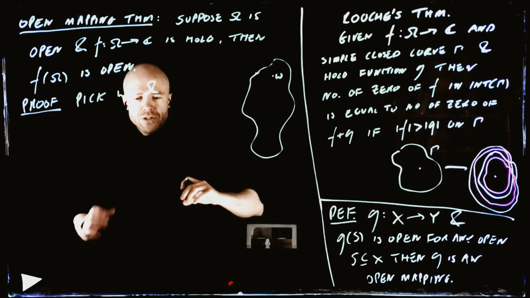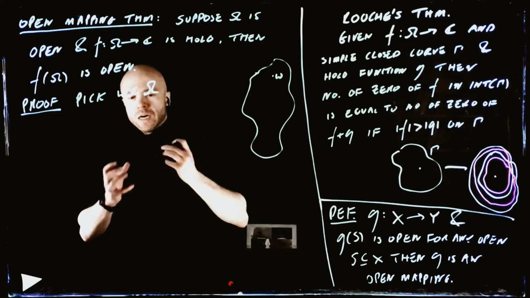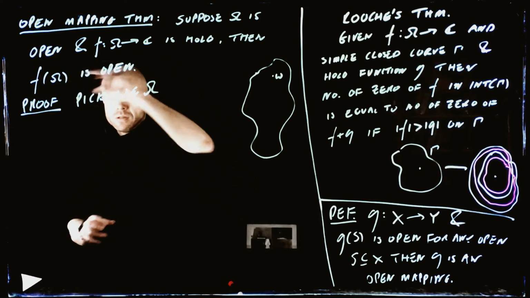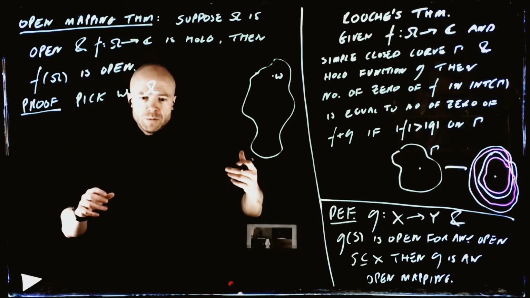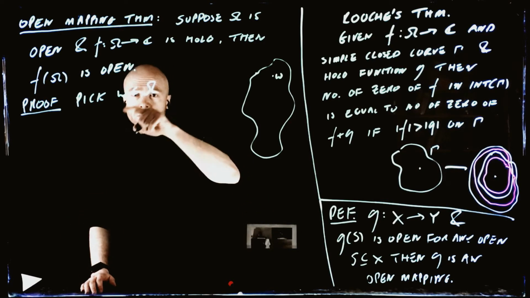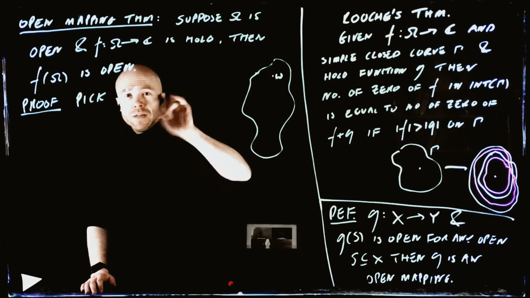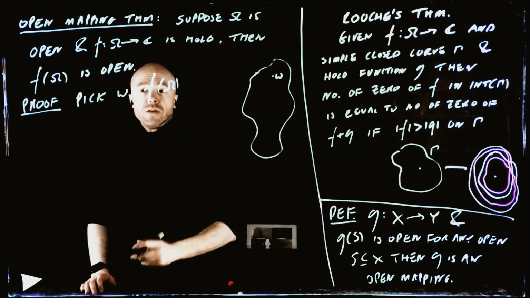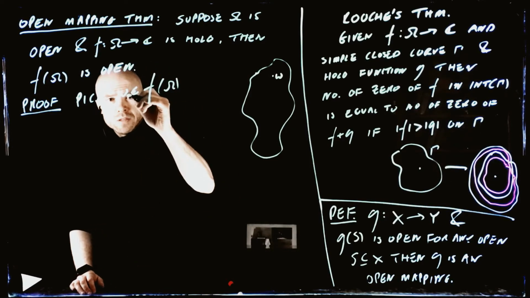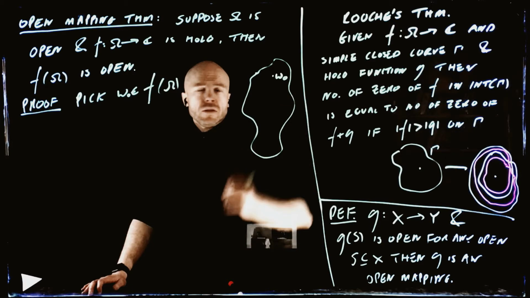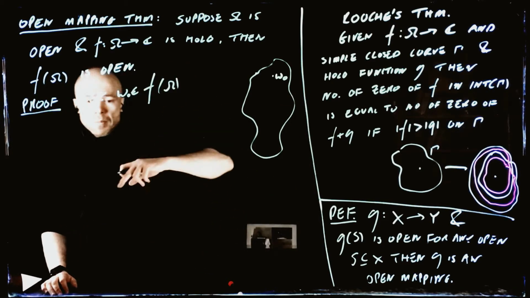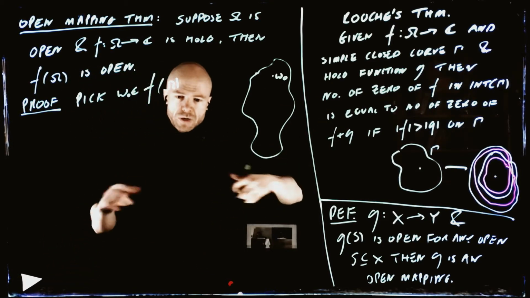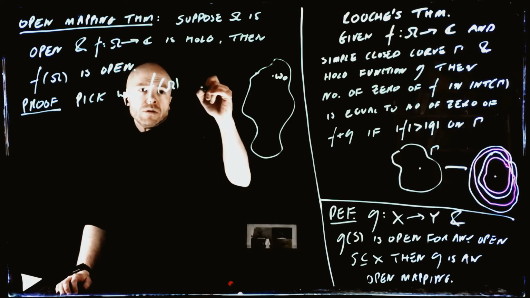We're going to show that there exists a ball around w that's fully inside the image of f acting on omega. Okay, so since it is inside the image, actually let's call it w0. Need w later.